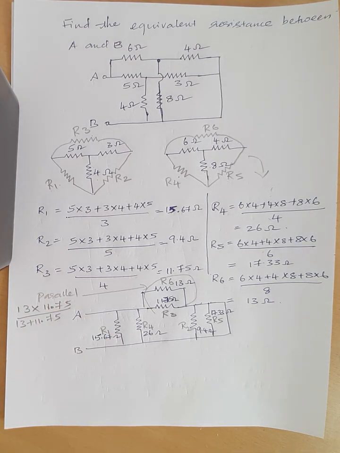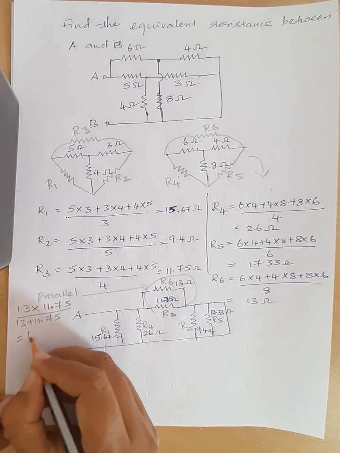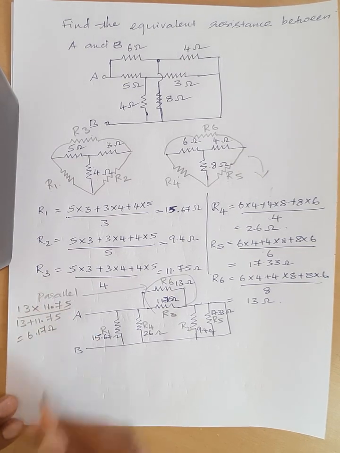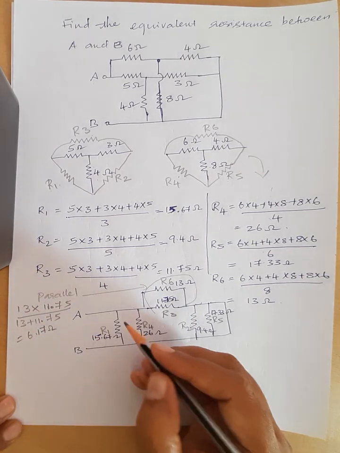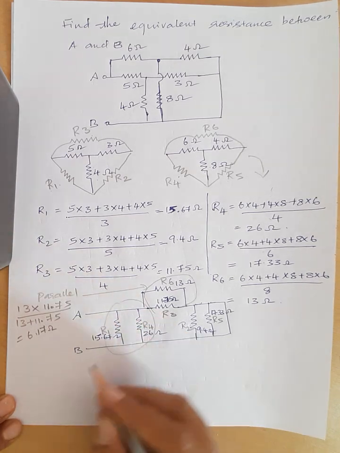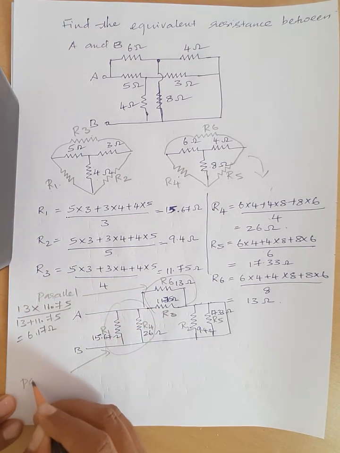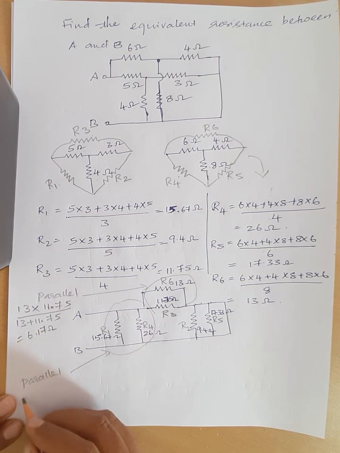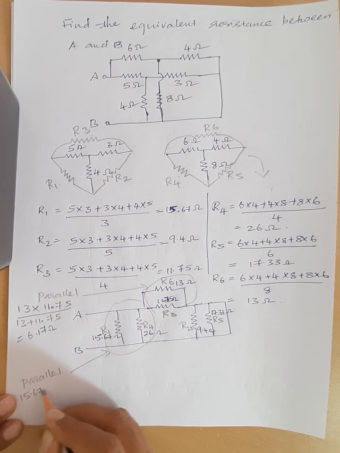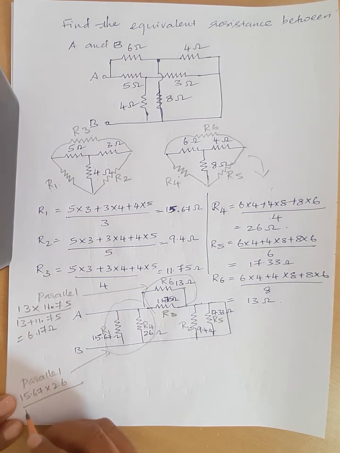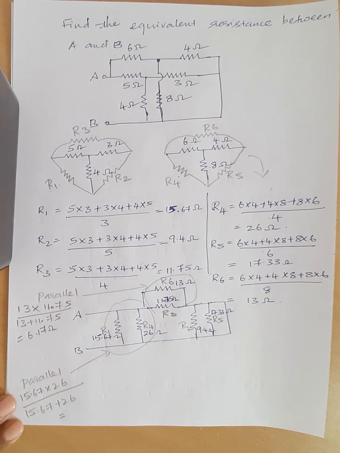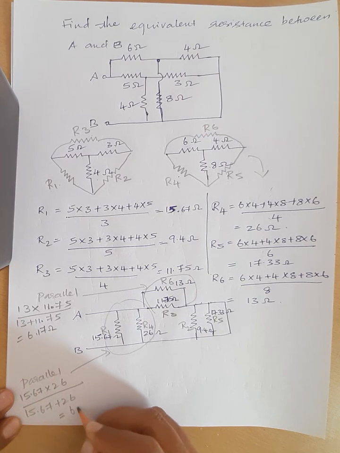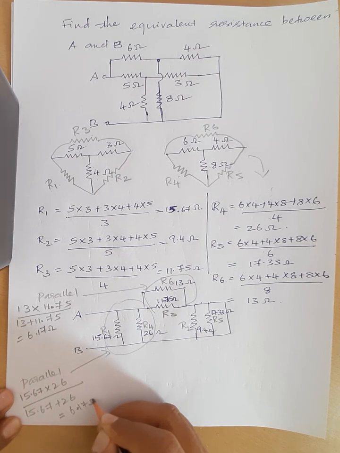Then you will get 6.17 ohms. Next, these two will form a parallel combination. So 15.67 into 26 divided by 15.67 plus 26, you will get 6.17 ohms.